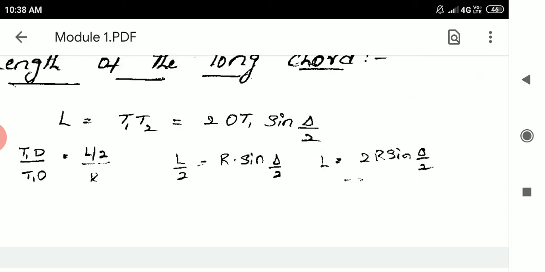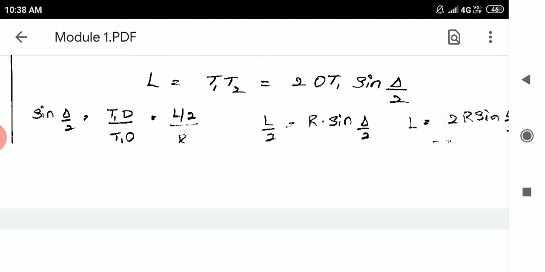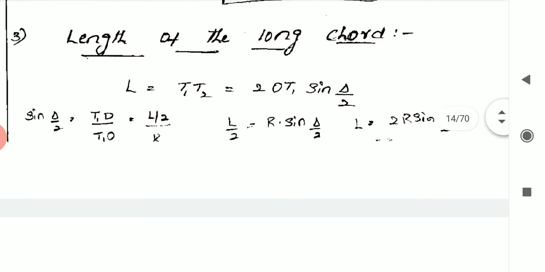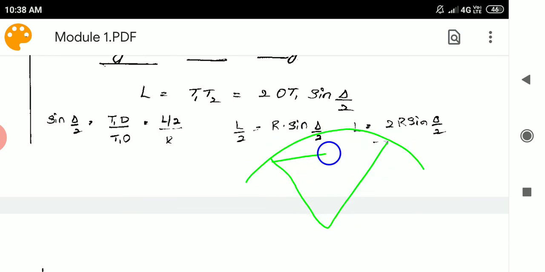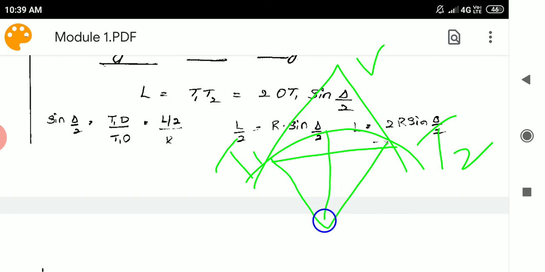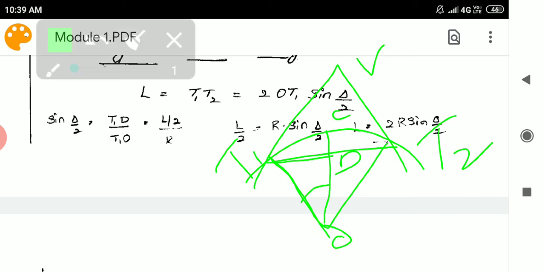In this case I want the sine relation. So sin delta by 2 equals T1D by T1O. Please refer to the diagram. In the figure with T1, T2 and V, this one is C, this one is D, this one is O.